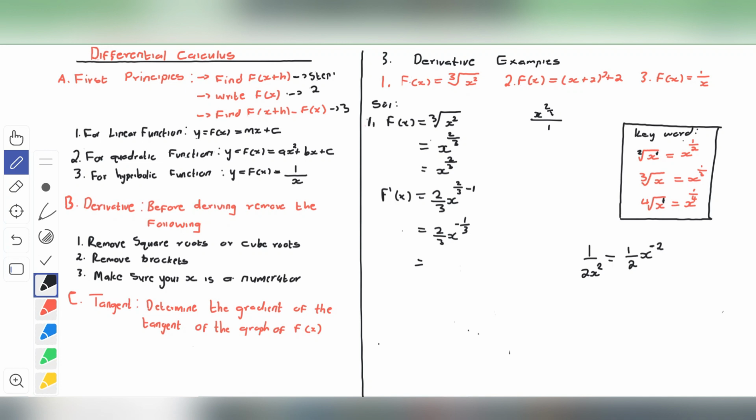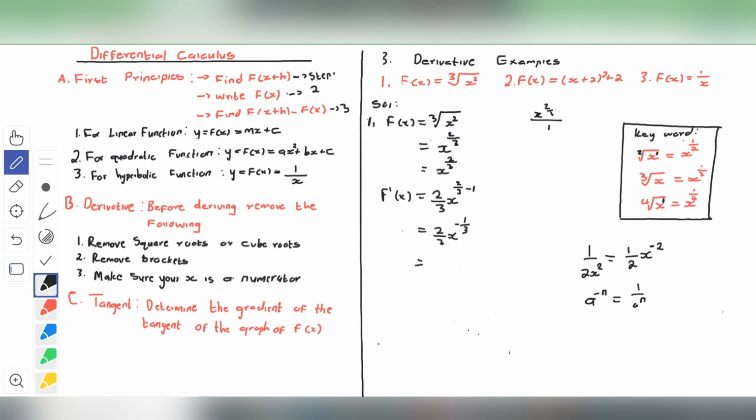I don't know if you are aware of this, guys, the exponential formula which says a to the exponent of negative n is equal to 1 over a to the exponent of n. So we can see that here we have 1 over 2x squared, which is 1 over a to the n. What is our n?